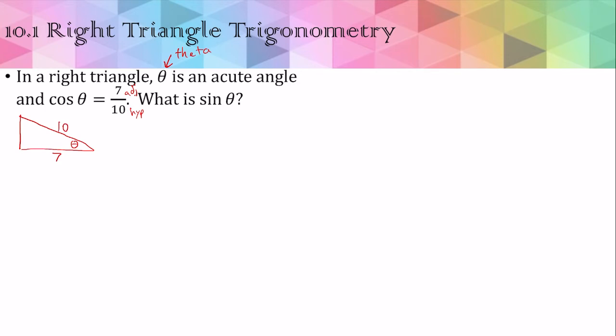So if we find the other side, the opposite side, I can go 7 squared plus the opposite squared equals the hypotenuse squared. A squared plus b squared equals c squared. Subtract the 49. The opposite appears to be the square root of 51.